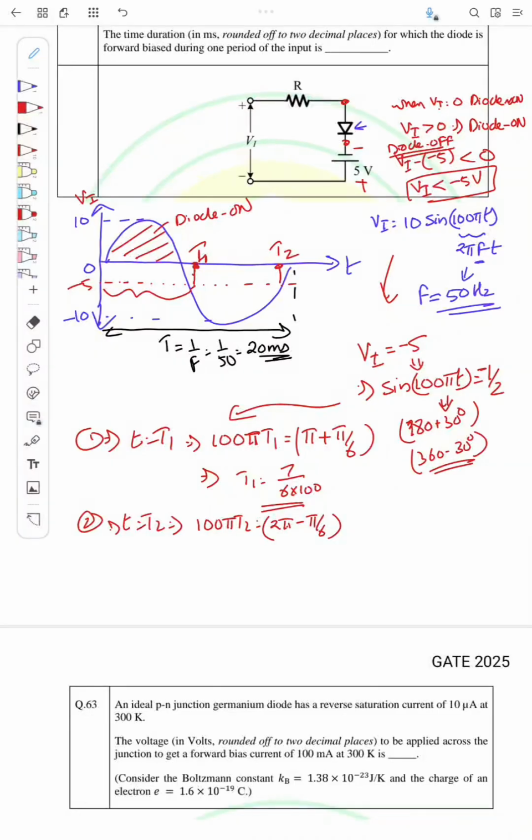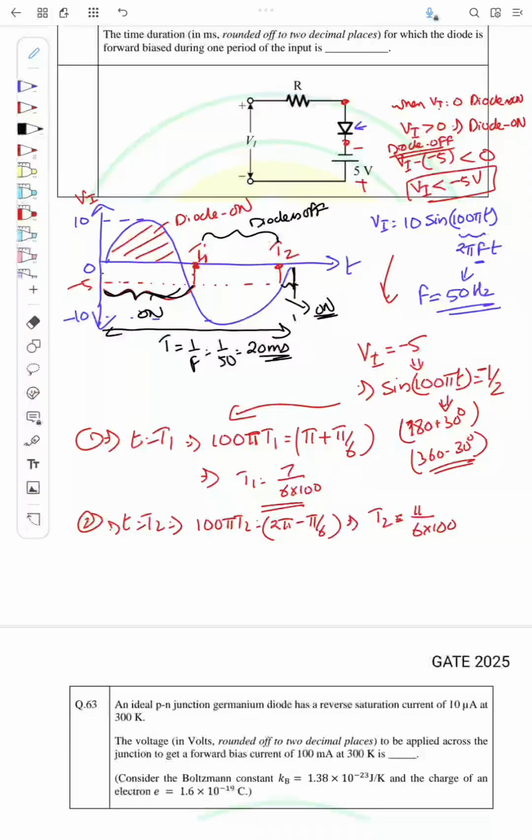This is the other case. So here T2 will be equal to, if you reduce, 11 by 6 into 100, right? So if you carefully see, from T1 to T2 the diode is off, and the remaining time, this time and this time, diode is on.